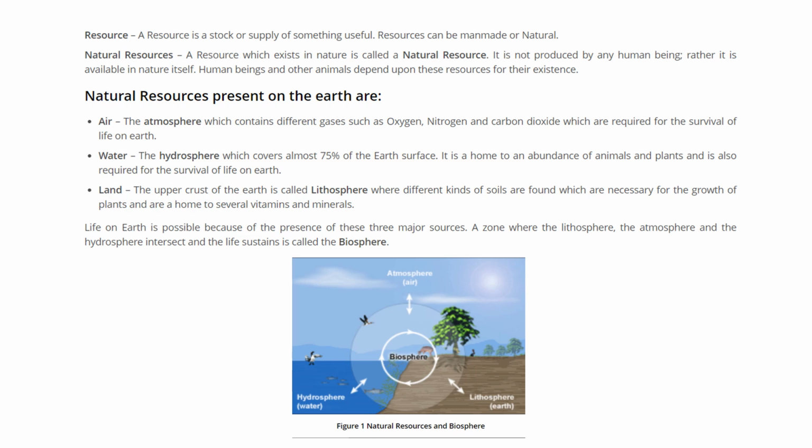See how the animal there is drinking water, it is dependent on water, and the sun also. The animals are breathing in the oxygen and the plants are taking in the carbon dioxide. That is how it forms the biosphere.